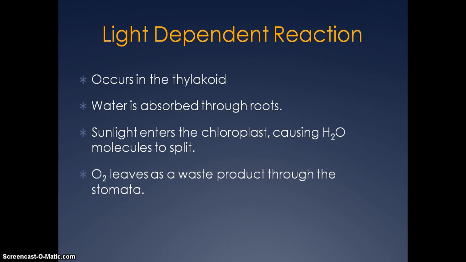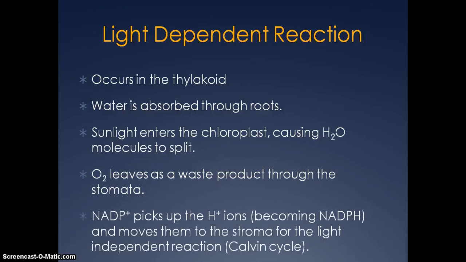Oxygen leaves as a waste, it leaves the chloroplast, but it does remain in the cell because it is being used for cellular respiration in mitochondria. Some of it, the excess, is released outside of the cell through stomata right here, those openings in the leaves, which we'll look at closely once we're back in school.